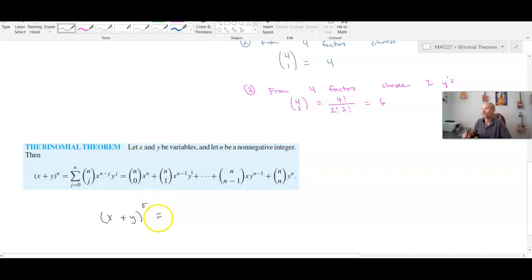So for instance, if I wanted to know how to write x plus y to the 5th power, then the way this is going to look is as follows. It will be n, which in this case is 5, choose 0, x to the 5th, y to the 0, which is just the same thing as saying x to the 5th. Well, how many ways are there for me to draw 5 x terms from 5 factors? There's only one way, so this comes down to 1.